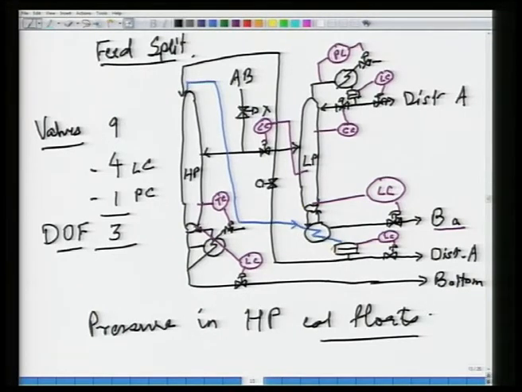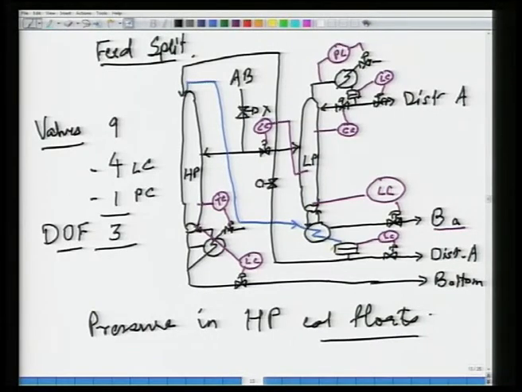Because the condensation rate increased, while the amount of vapor you are producing is the same, the pressure of this column goes down a little bit. Similarly, if the amount of condensation in this reboiler goes down, then the pressure here will go up in the HP column. So, the pressure in the high pressure column will float depending on what is going on in the reboiler, which is acting as a condenser for the HP column and a reboiler for the LP column, the low pressure column.